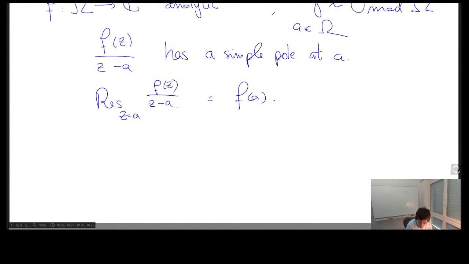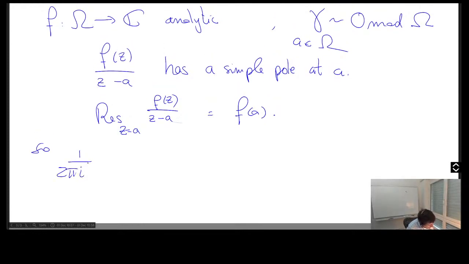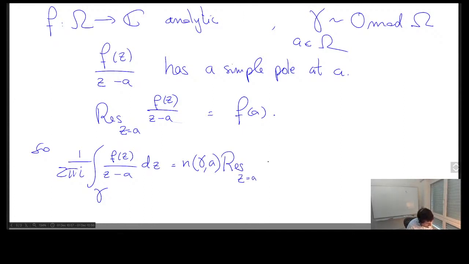But now the theorem of the calculus of residues just says, okay, 1 over 2 pi i times the integral around this curve of f of z over z minus a dz is equal to the winding number of the curve around a times the residue at z equals a of f of z over z minus a, right?